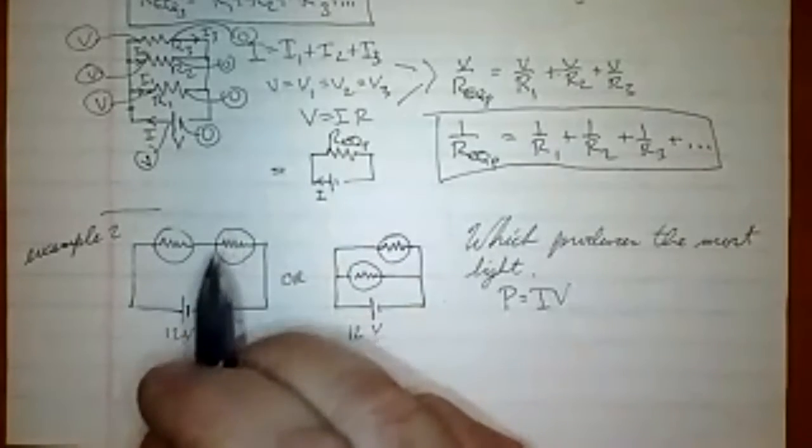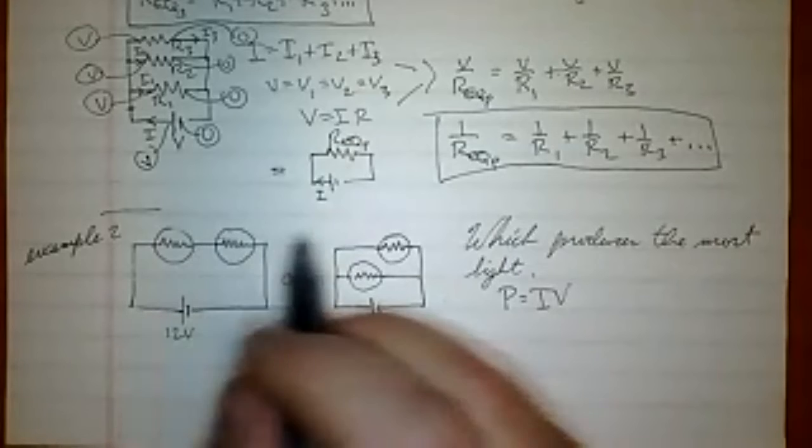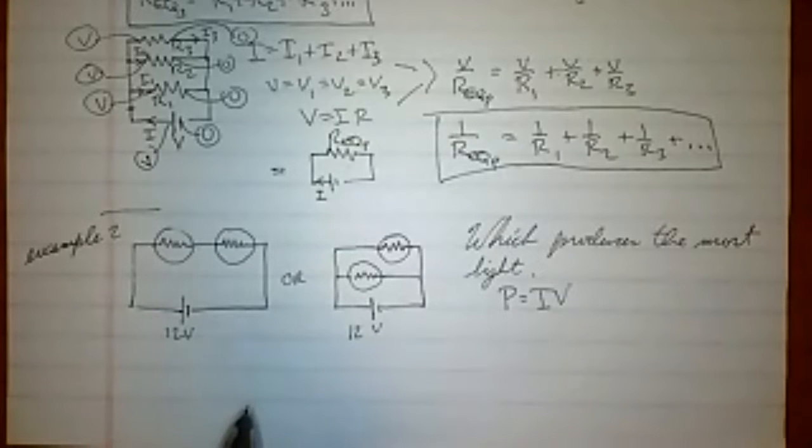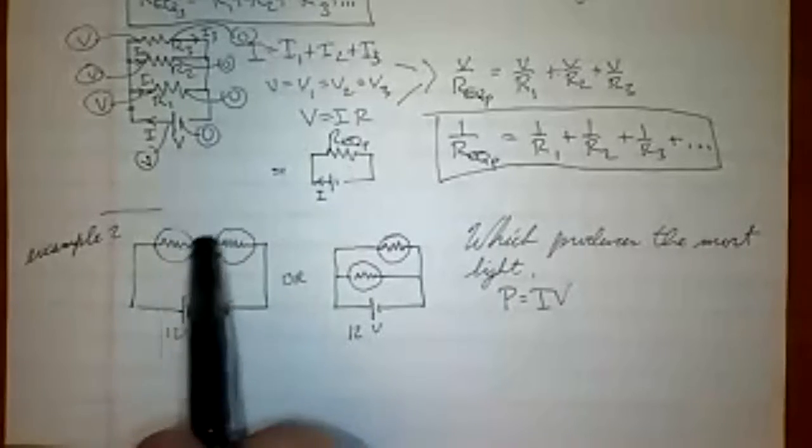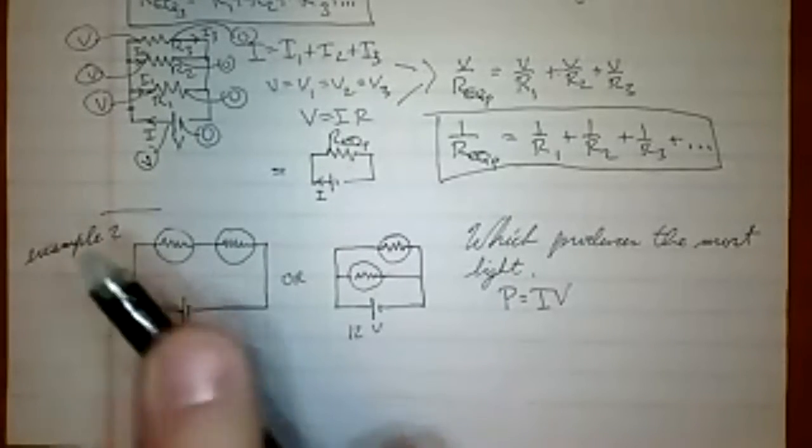So is the I going to be bigger here or bigger here? Can y'all tell that? It would be bigger for the one in series, right? So we have a suggestion that it's bigger for the one in series.